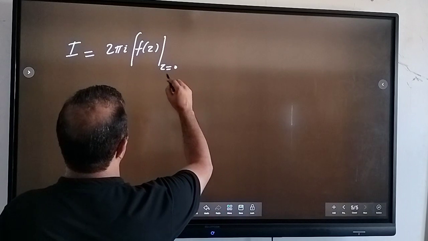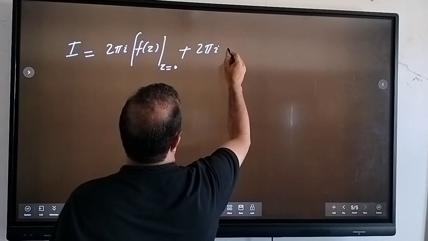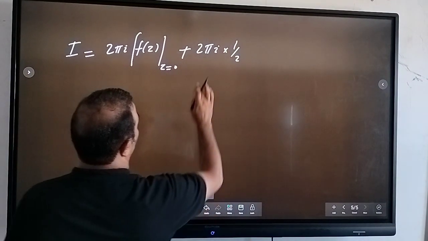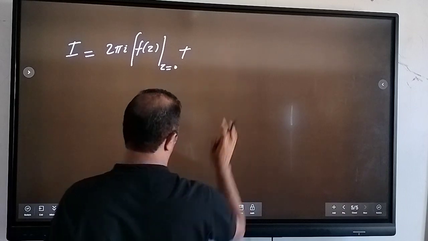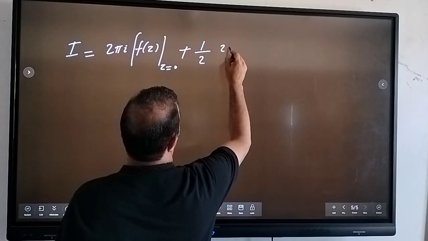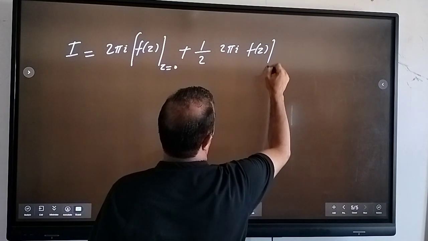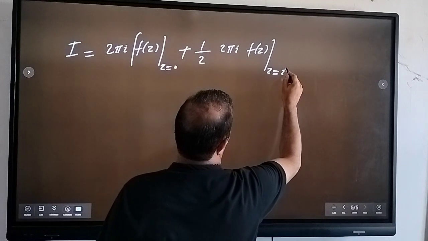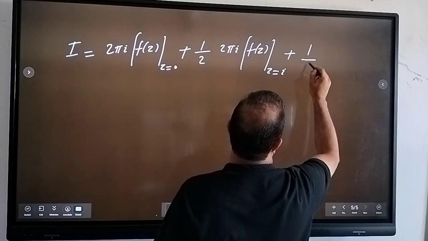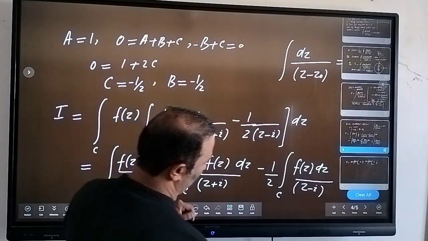Okay. So first is this thing plus that 2 pi i into 1 by 2, or better is to write it this way. So that's 1 by 2 into 2 pi i, and is it plus 1 by 2, or so this is minus 1 by 2, no?